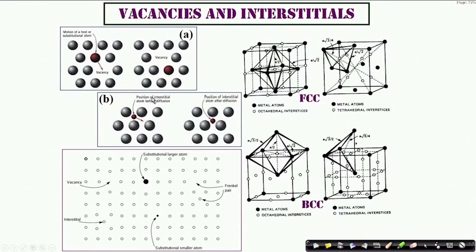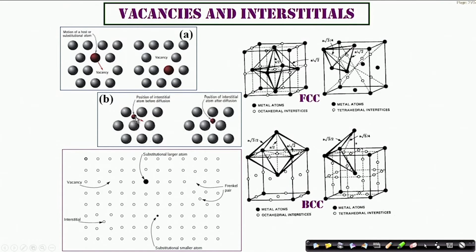And this kind of process can continue so long as the atoms have sufficient amplitude of vibration, or in other words, temperature is high enough for such jumps to take place. We can also have a situation where interstitial atoms are present, and for an interstitial atom to move, you don't have to create a vacancy.